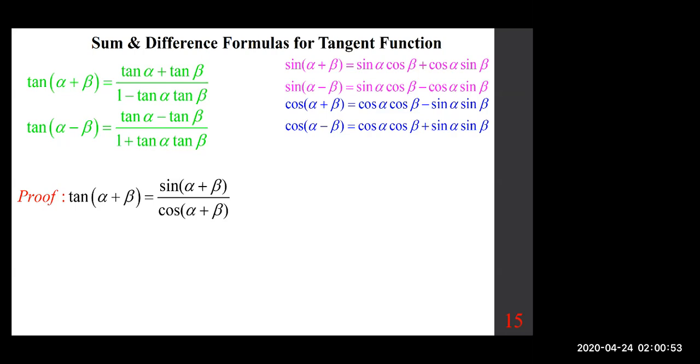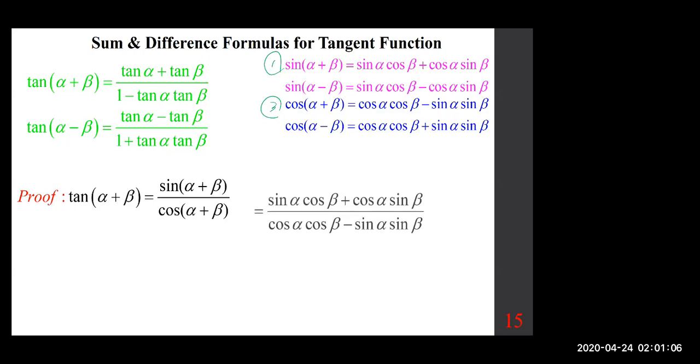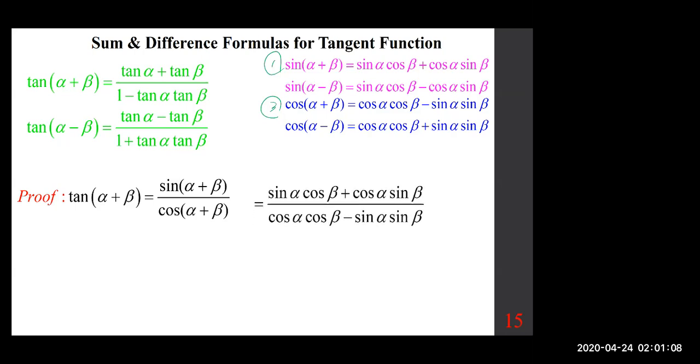Now you put the first formula, sine of alpha plus beta, at top, and the third formula, cosine of alpha plus beta, at the bottom.